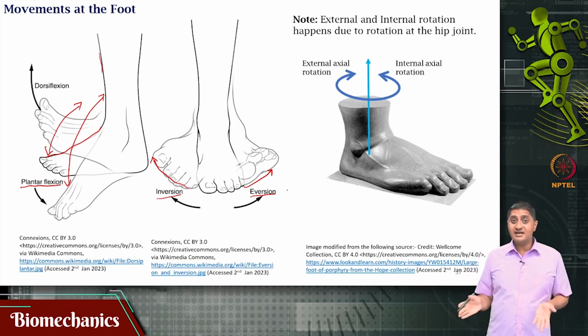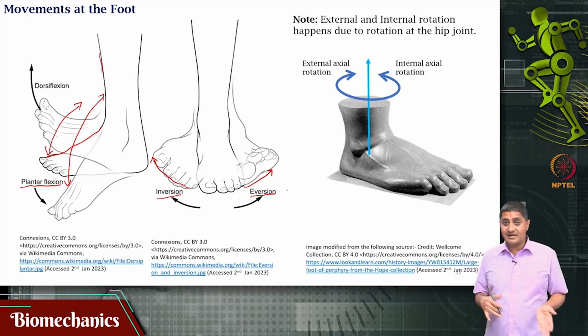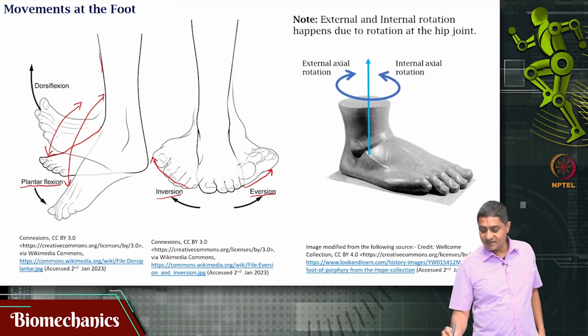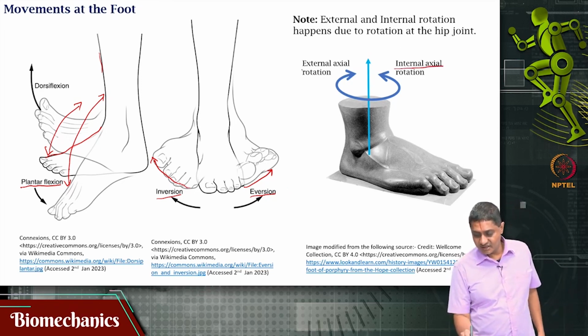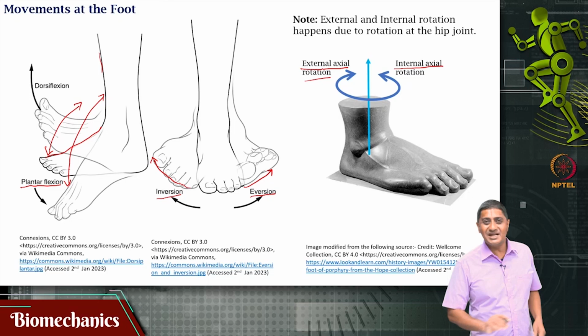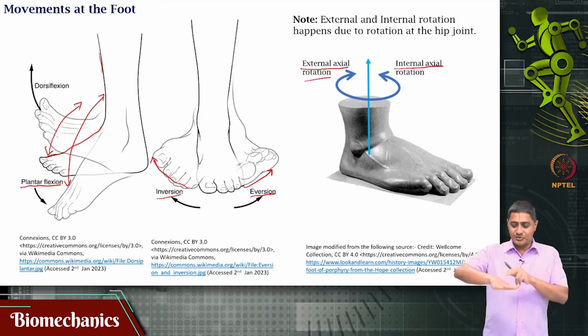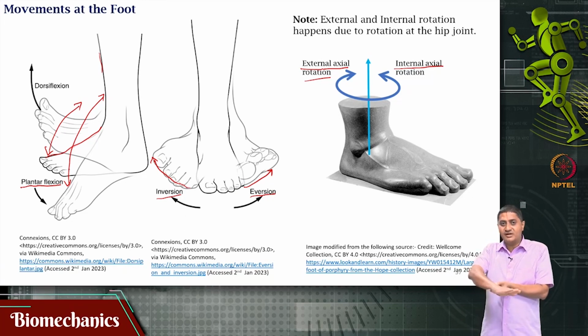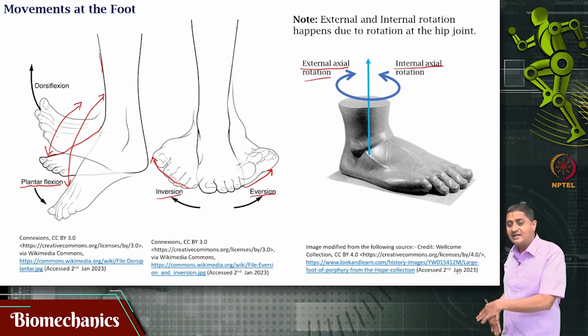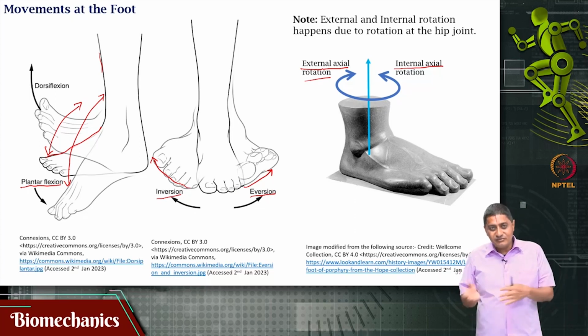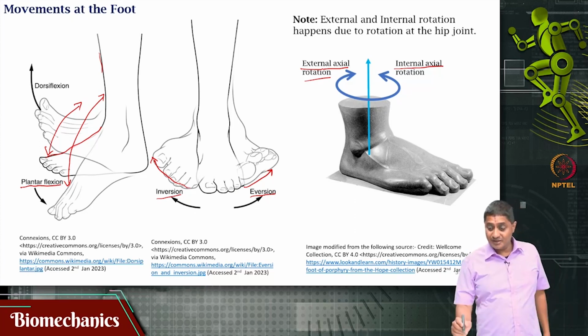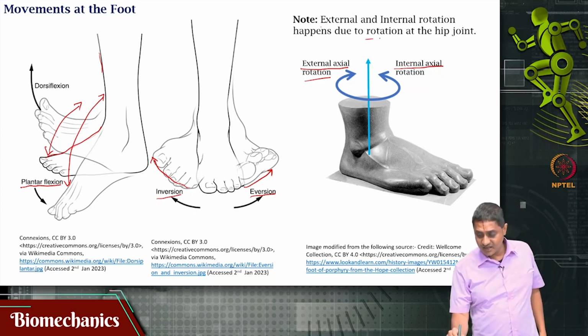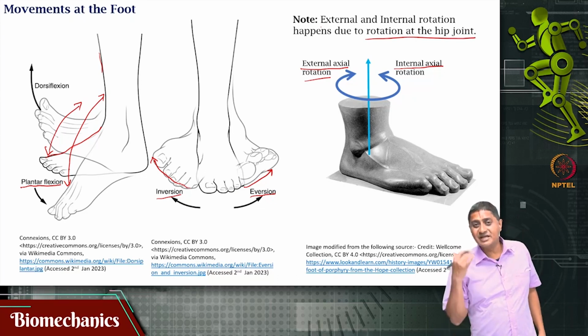Of course, I can rotate the entire leg, right. That is called internal rotation and external rotation, but that is not happening at the foot. Suppose this hand is the foot, it is not like I can rotate the foot like this. I rotate the entire leg, and along with that the foot also rotates, right. That is why internal and external rotation is happening due to rotation at the hip joint.